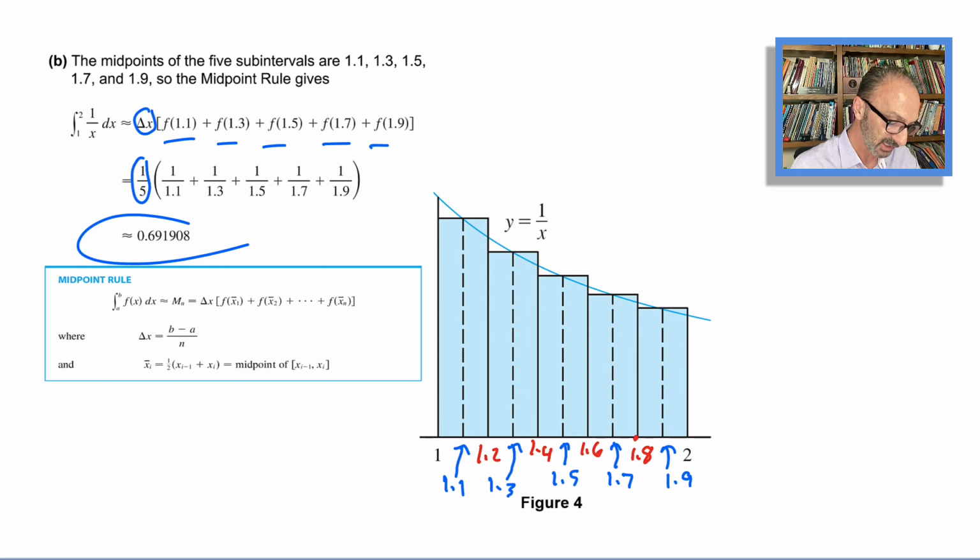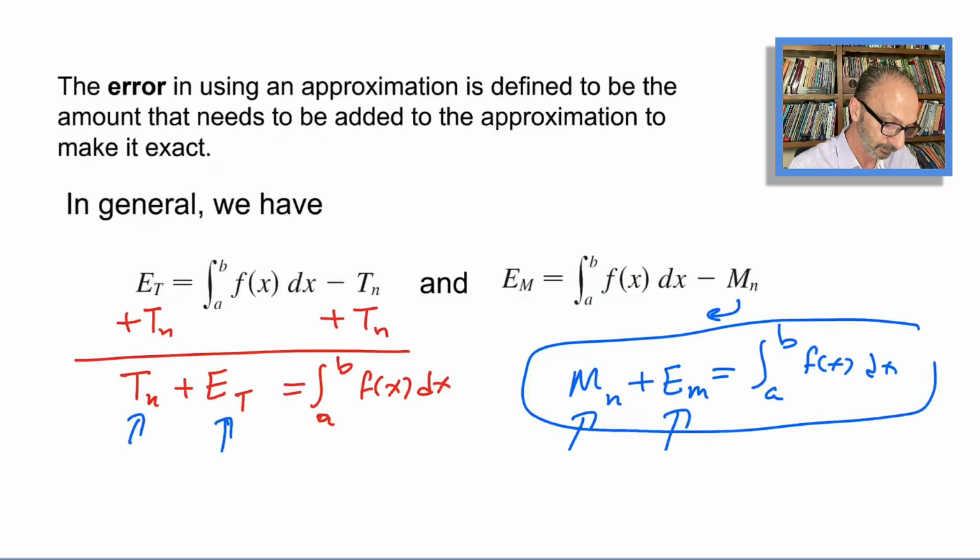And the answer is 0.691908 as an approximate. Now, it turns out that there's some kind of error because we are overestimating or underestimating in both cases, the Trapezoid Rule and the Midpoint Rule.